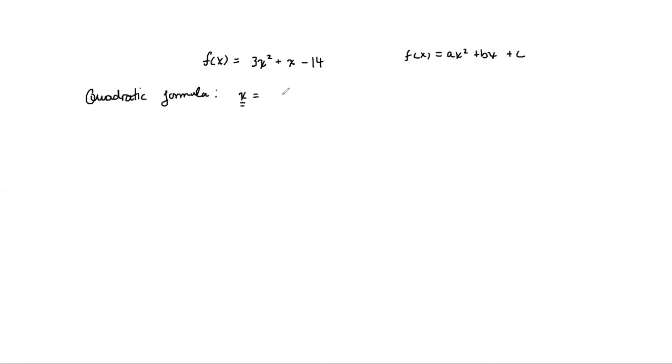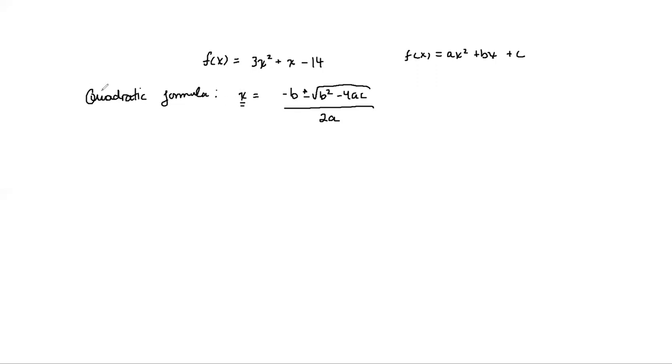So minus b plus or minus square root of b squared minus 4ac, and all this divided by 2a, okay?